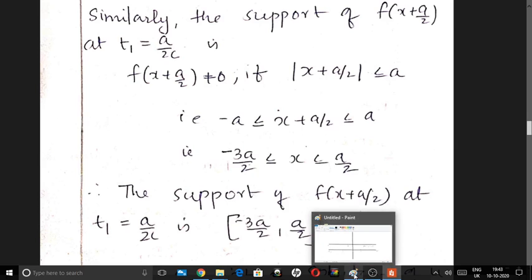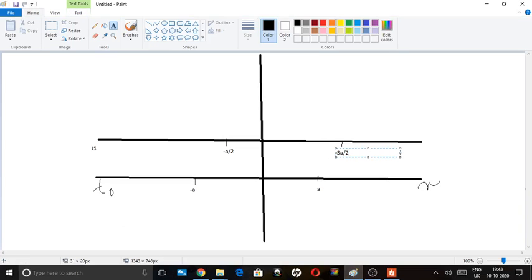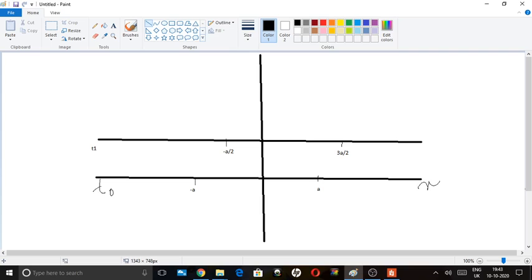So next we have to plot these points in our graph. Minus 3a by 2 comes here, then a by 2 here.